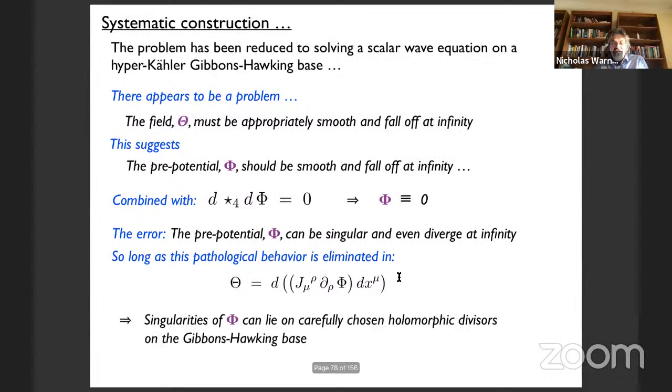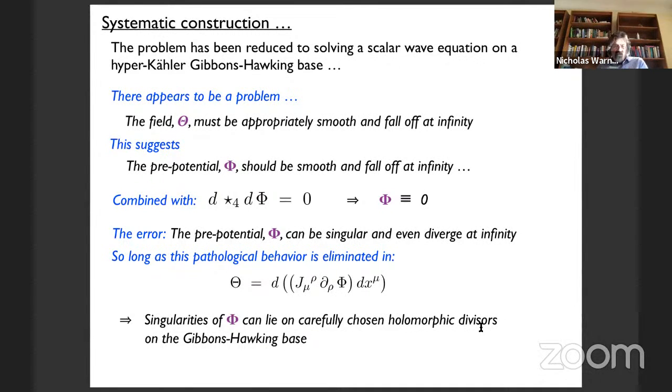So what that really means is that the singularities of phi can lie on carefully chosen holomorphic divisors on the given base. In Riemannian geometry, this is standard theory: the prepotentials can be singular, but they have to be chosen in a way that they're holomorphic divisors. Why holomorphic? Because that is required in order for this DD bar operation to kill off the singular behavior.